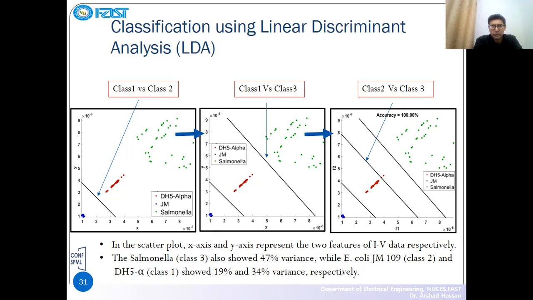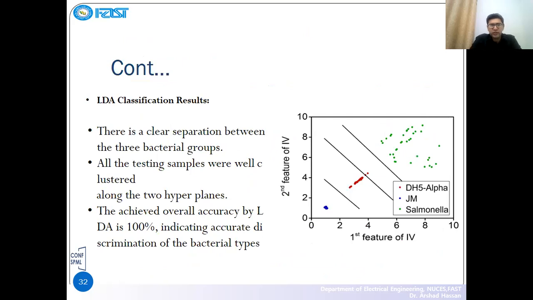So the Salmonella, the green one, has a high variance, which is 47% variance, and the blue one is E. coli, and the red one is DH5 alpha. So the E. coli GM109 has 19% variance, and DH5 alpha has 34% variance. So you can see in the results that there is clear separation between the 3 bacteria groups.